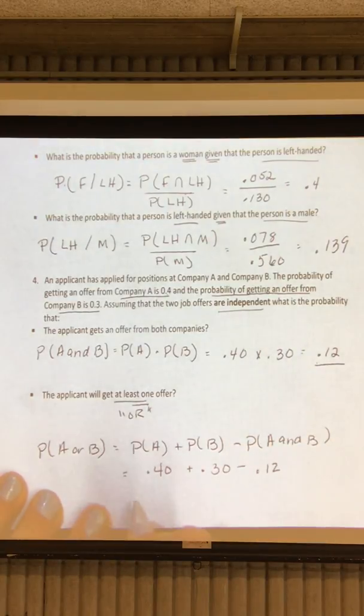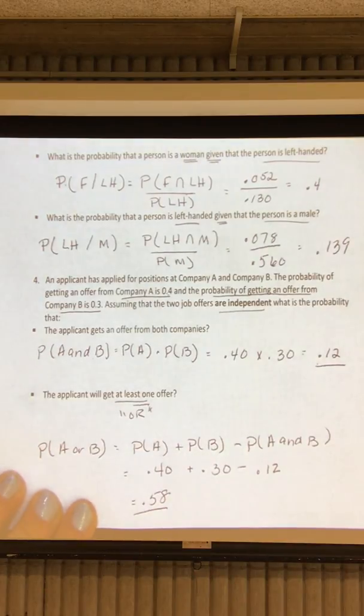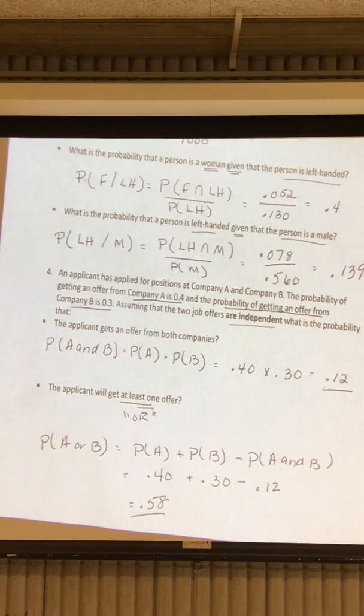So doing that math, you have the probability of A or B is equal to 0.58. And that concludes Chapter 7, Section 3.